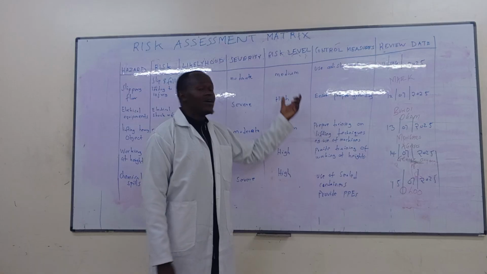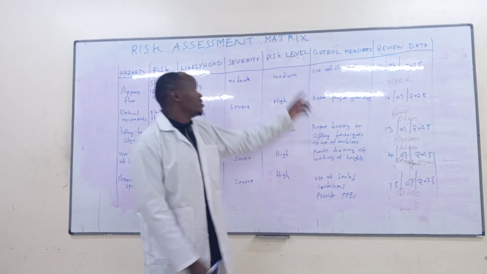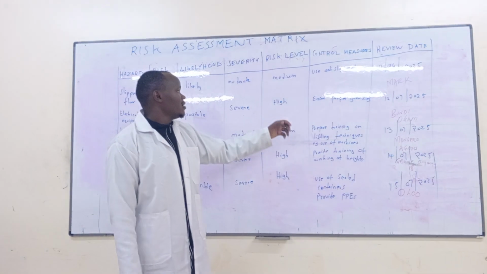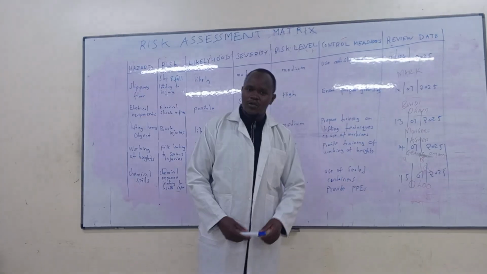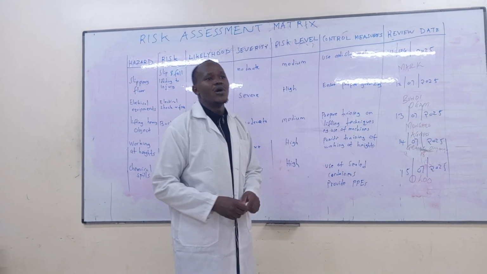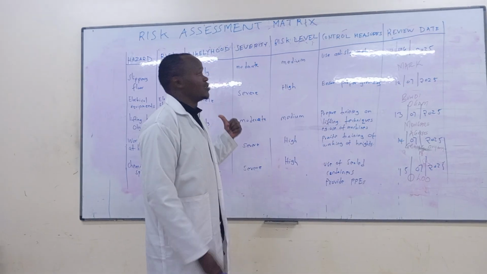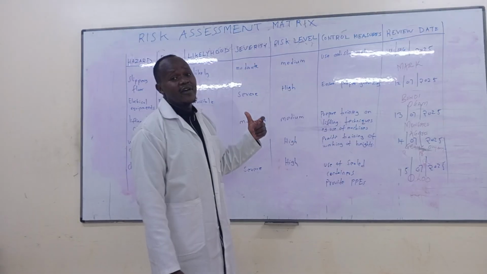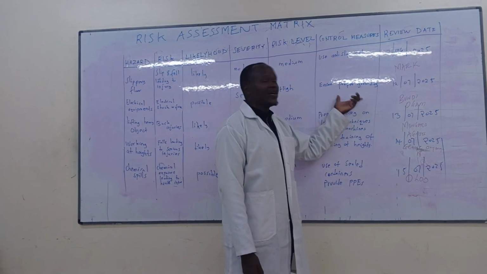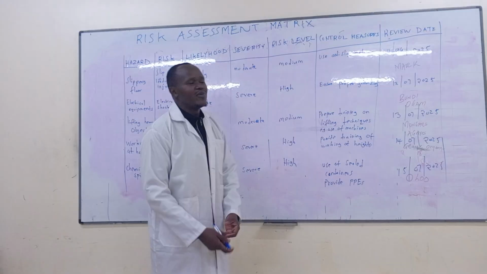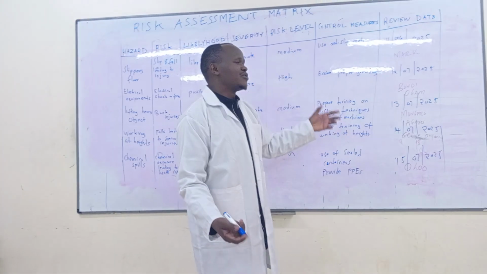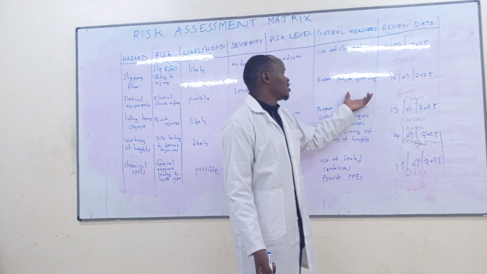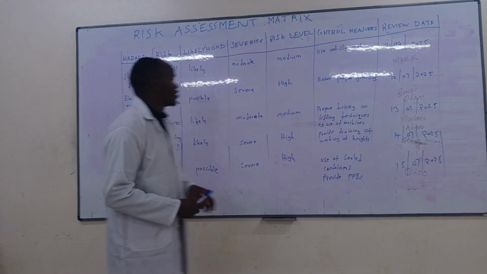The level of the risk of electric shock, in my case here, is high. Then the control measure, what are the controls I'm going to apply to prevent that electric shock or fire? That is ensuring proper grounding of earth to machines or sockets that can cause shocks to someone operating the machine or using the sockets.